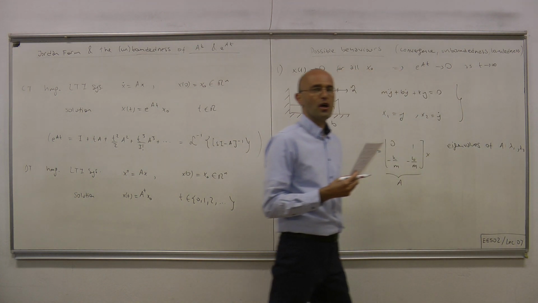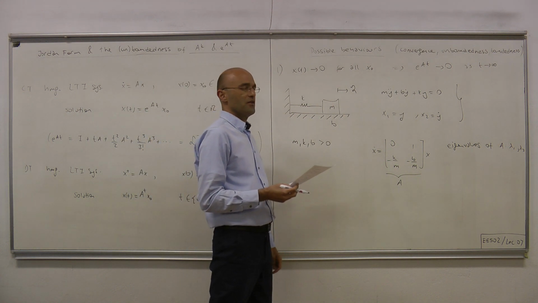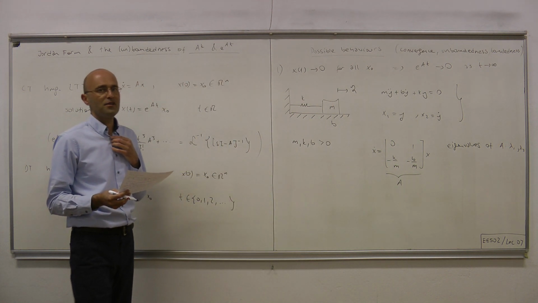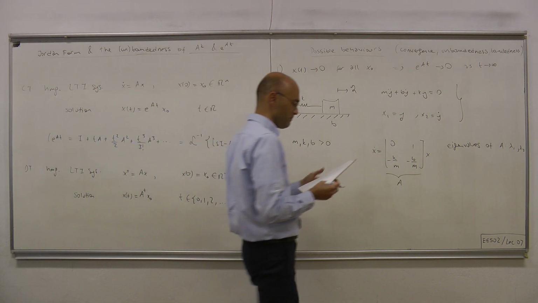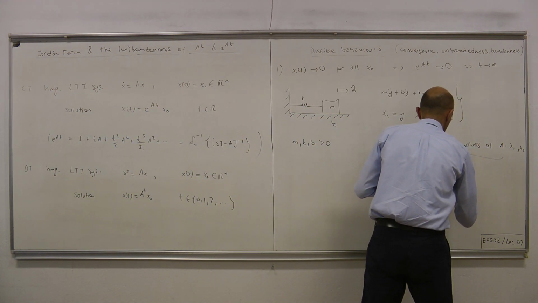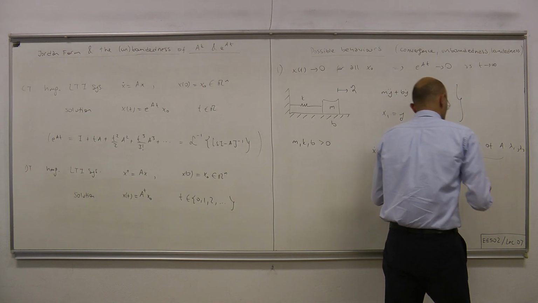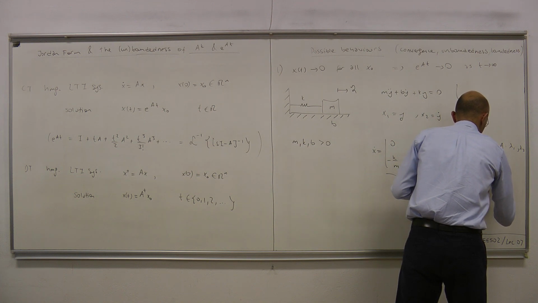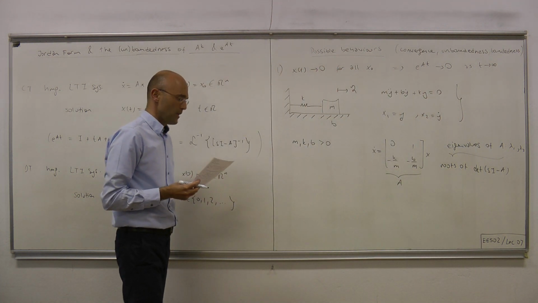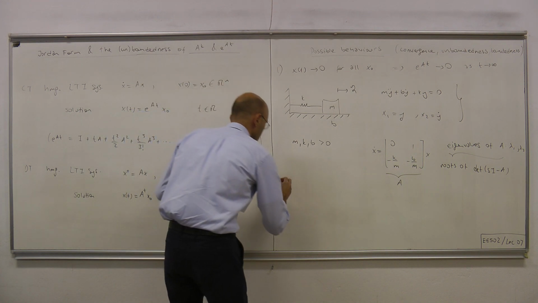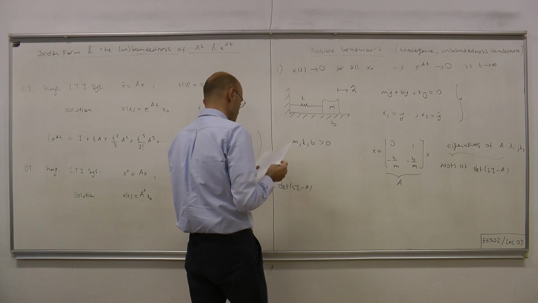What are eigenvalues? How do we compute them? They are the roots of the characteristic polynomial. That characteristic polynomial is the determinant of the matrix sI minus A. Eigenvalues of A are the roots of the determinant of sI minus A. Now what's the determinant of sI minus A?